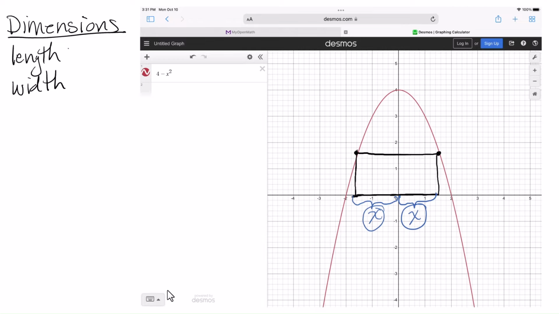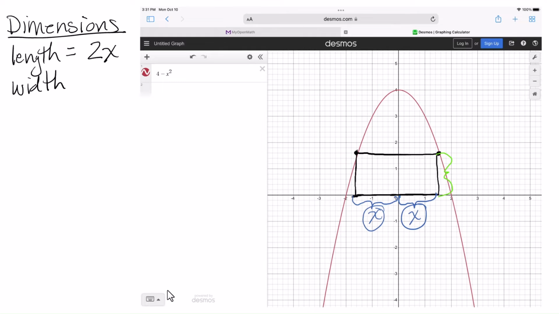Well, we can put in 2x. x plus x gives us our length. Now we've got to figure out how we are going to define our width in terms of x.